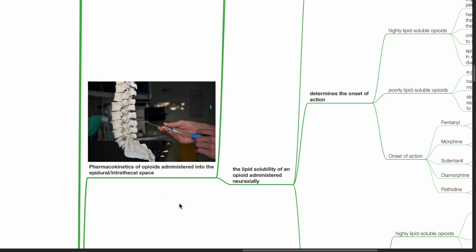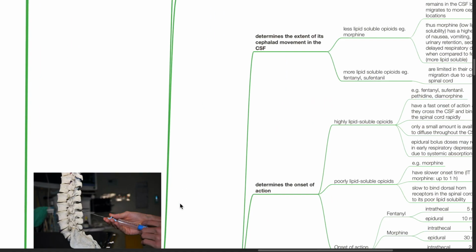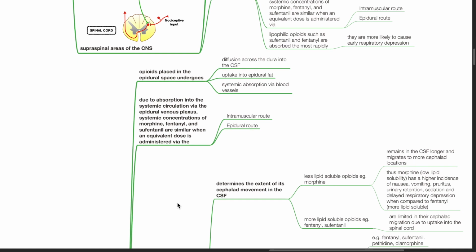Pharmacokinetics of opioids administered into the epidural or intrathecal space. Opioids placed in the epidural space undergo diffusion across the dura into the CSF, uptake into epidural fat, and systemic absorption via blood vessels.